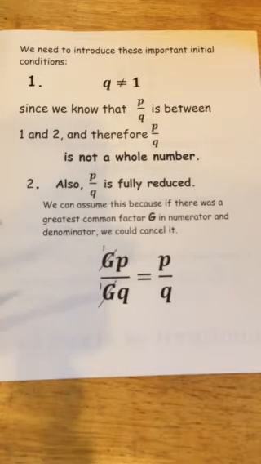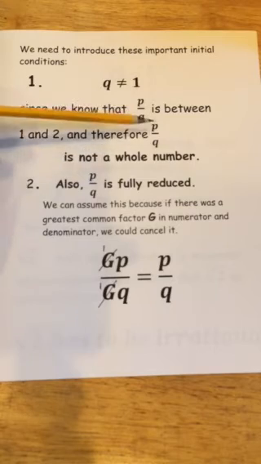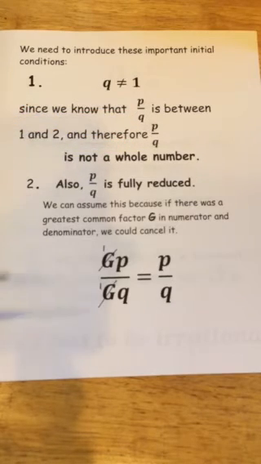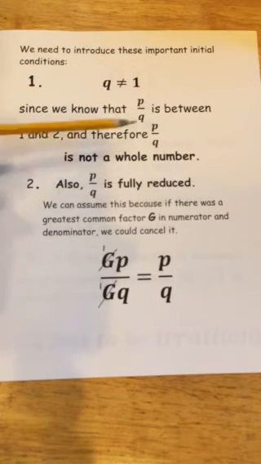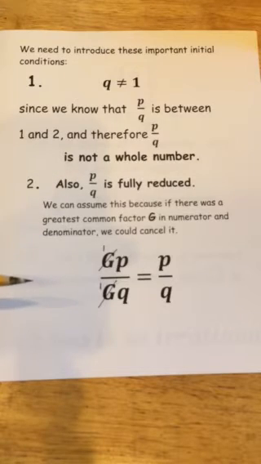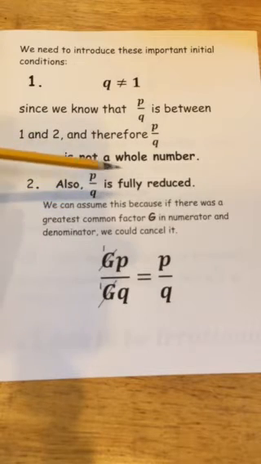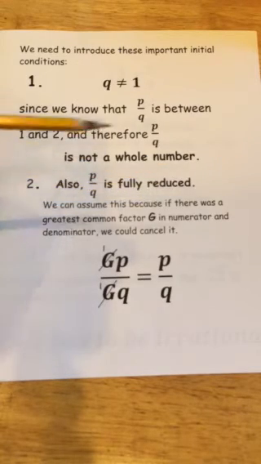Otherwise, we'd get a whole number, and we know square root of 2 is between 1 and 2. And therefore, p over q is not a whole number. So q can't be 1, p over q can't be a whole number. That's really important.